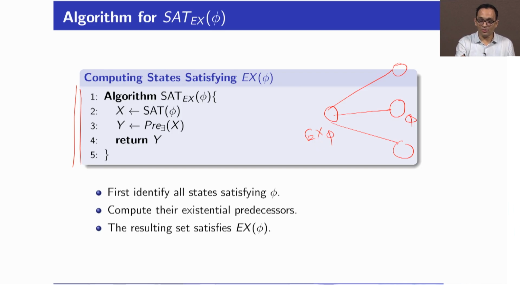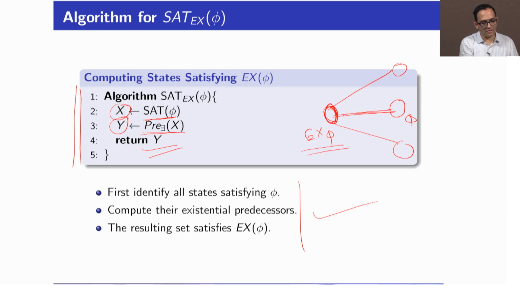I will mark all the states where phi holds, that is Sat of phi, and get that set x. Then I do pre there exist of x, which gives me the states whose at least one successor is where phi holds. This y is my set of states where EX phi holds, and I will return that y.